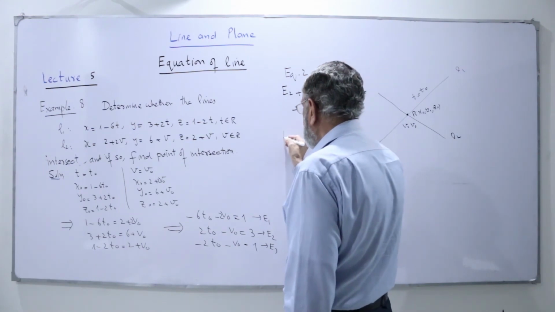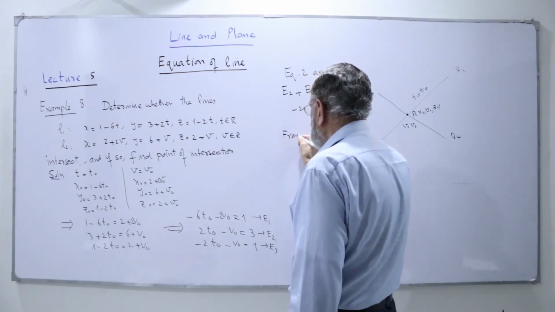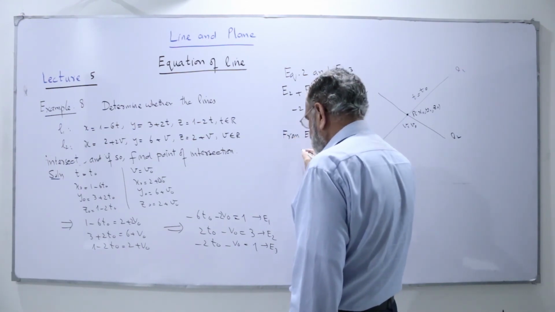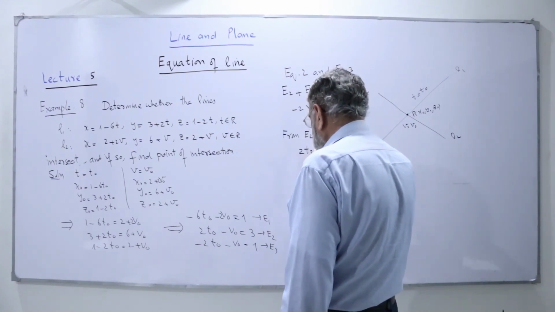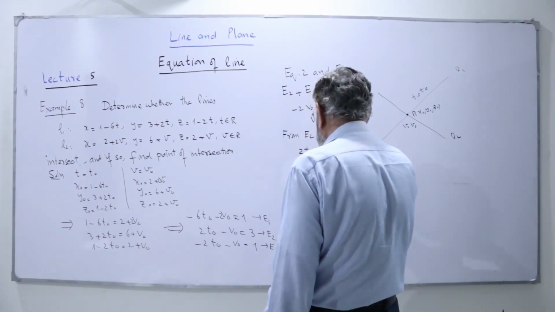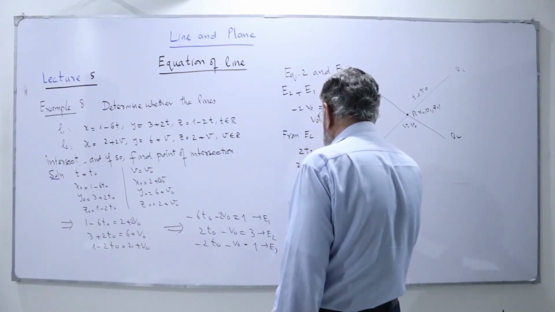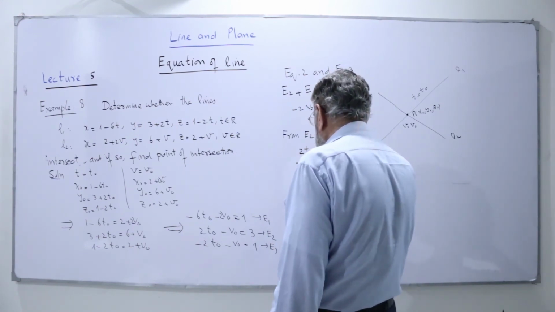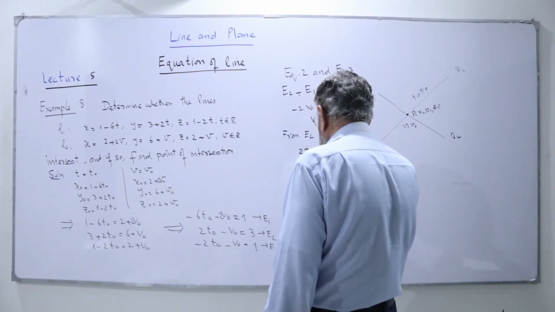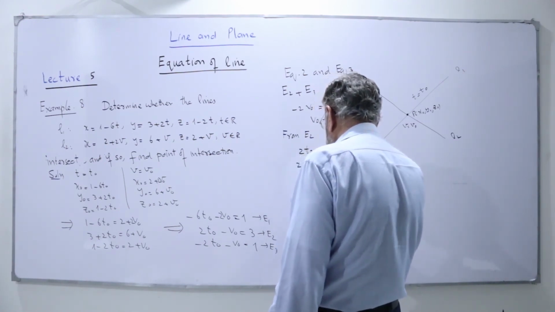From equation 2, I can write 2t0 is equal to v0 plus 3. So I get 2t0 is equal to minus 2 plus 3. I get 2t0 is equal to 1, and t0 is equal to 1 by 2.